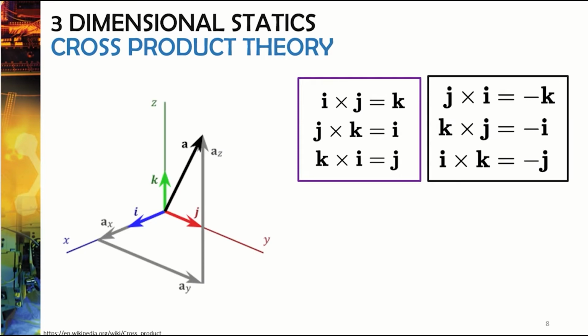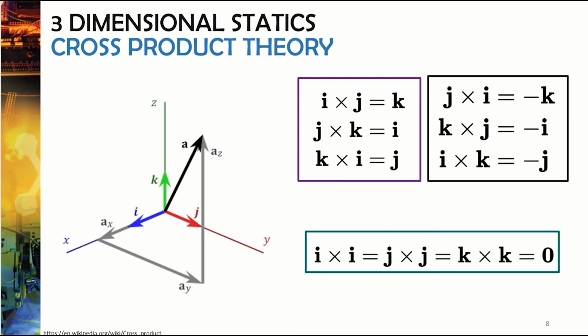The other thing you can realize is that i cross i is equal to j cross j is equal to k cross k, which is equal to 0. Which essentially is saying that a force in the x direction times a distance in the x direction will not cause a moment, because its line of action goes through the point.